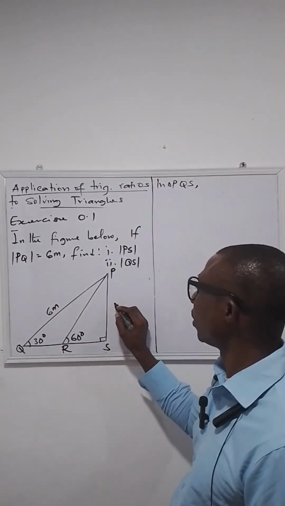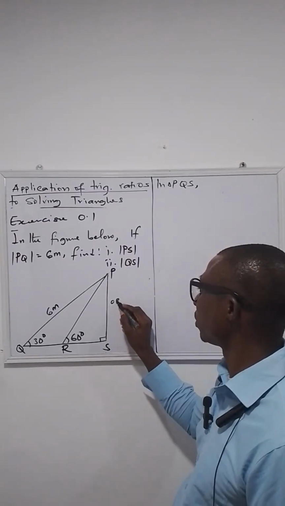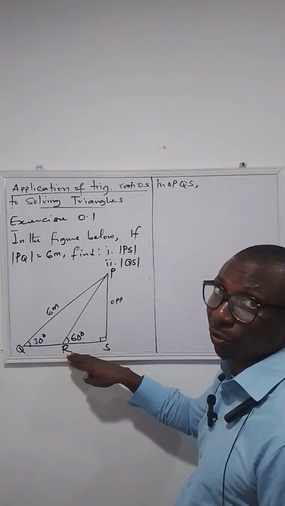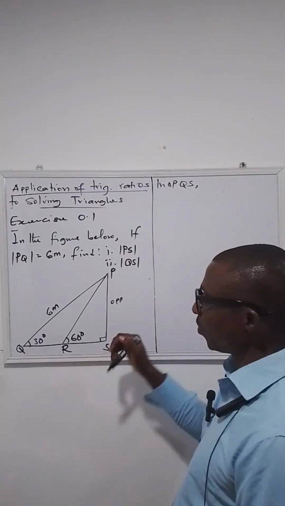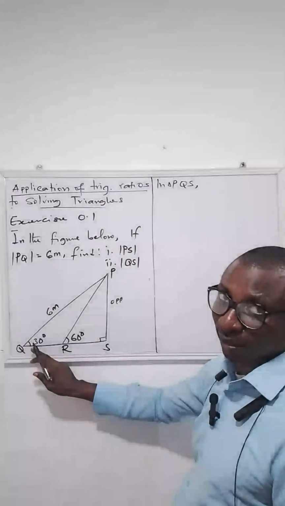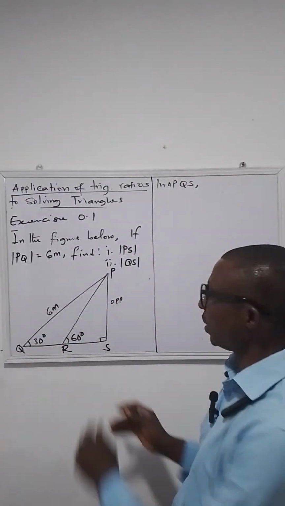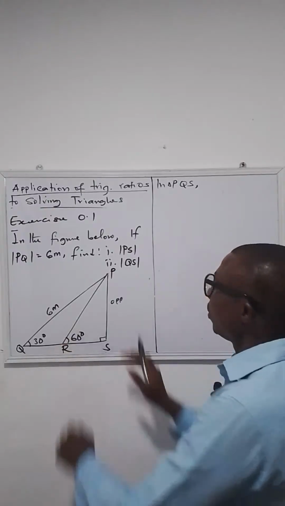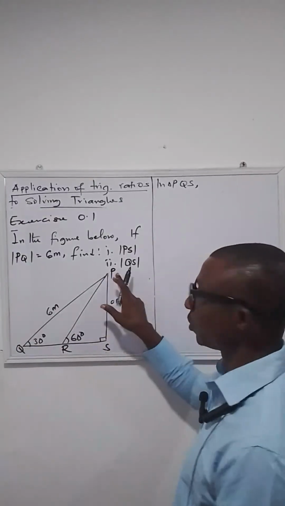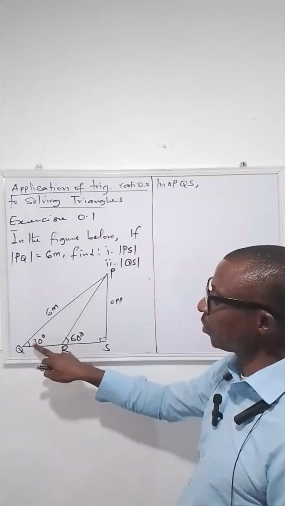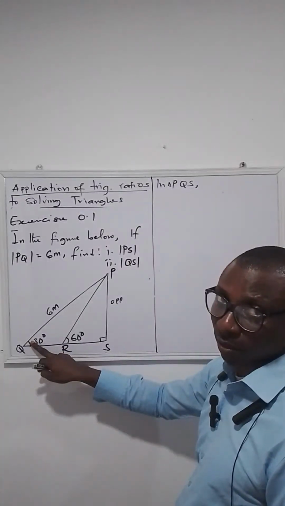This is my opposite, and here is going to be the adjacent. My reference angle is 30 here because I'm considering this bigger triangle. This one is not part of it now. So triangle PQS, the reference angle is 30 degrees.